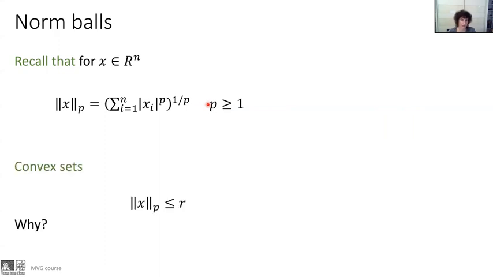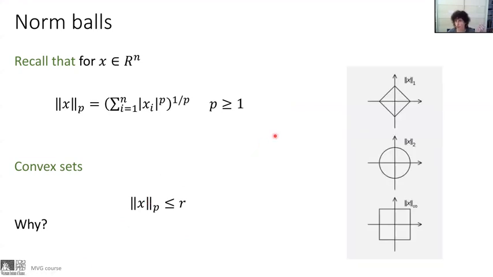So if this is convex, why for given r is this a convex set? Any idea? It's the sublevel set of a convex function. Right. So if this is a convex function, and we know that it's a convex function, we discussed it a lot, then for a given r, this is a sublevel set of a convex function, and therefore this is a convex set.